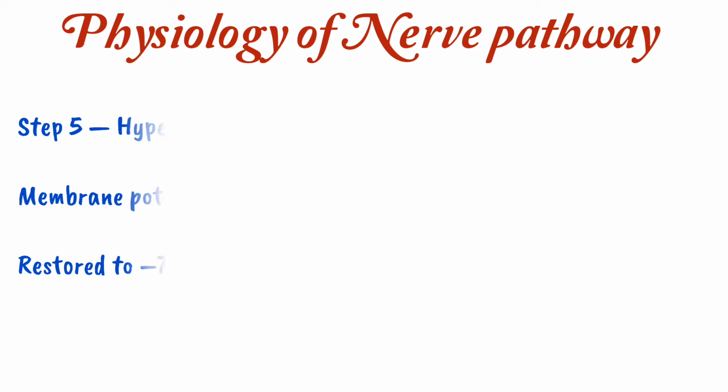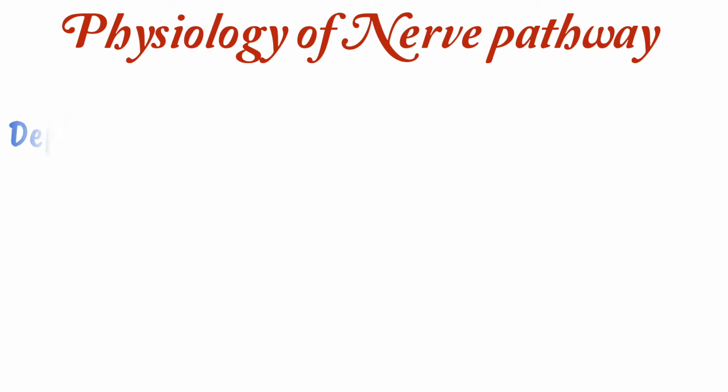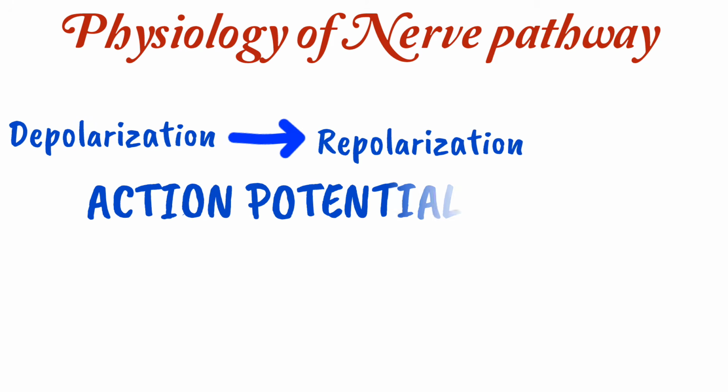Step 5. Hyperpolarization. Sometimes the inside becomes slightly more negative than usual before stabilizing again at negative 70 millivolts. Now, this entire cycle from depolarization to repolarization is called the action potential.